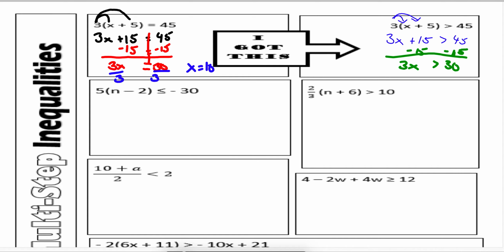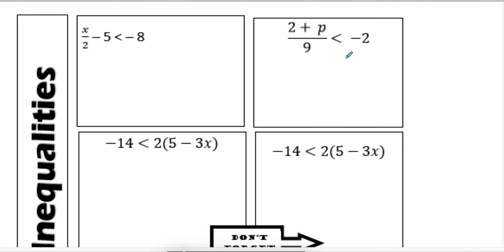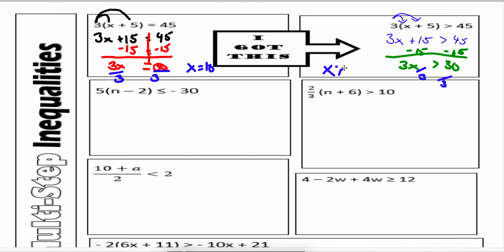And then our last step of dividing by 3 to both sides, and we get that x is greater than 30. Okay? Oh, sorry, x is greater than 10, not 30. I forgot to divide that one there. X is greater than 10. So same thing we did over here. In this problem, we do over here, except now we have an inequality symbol.